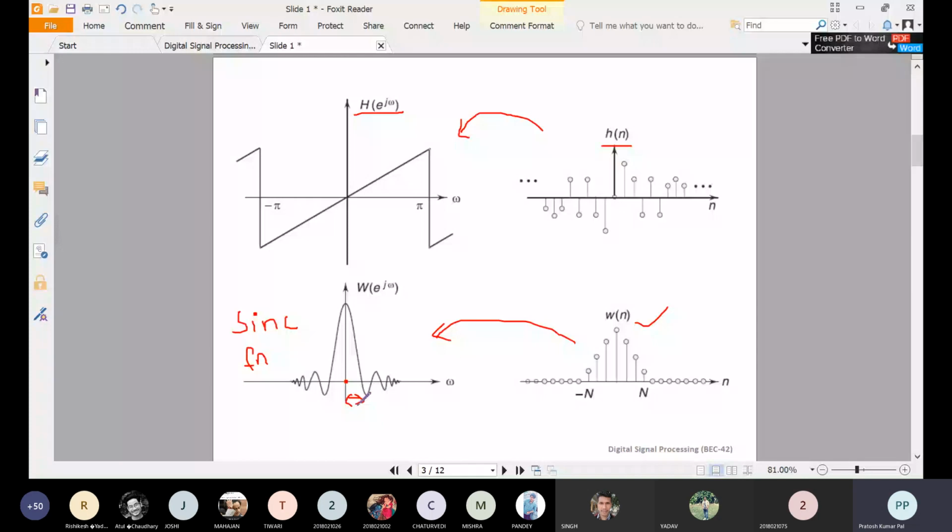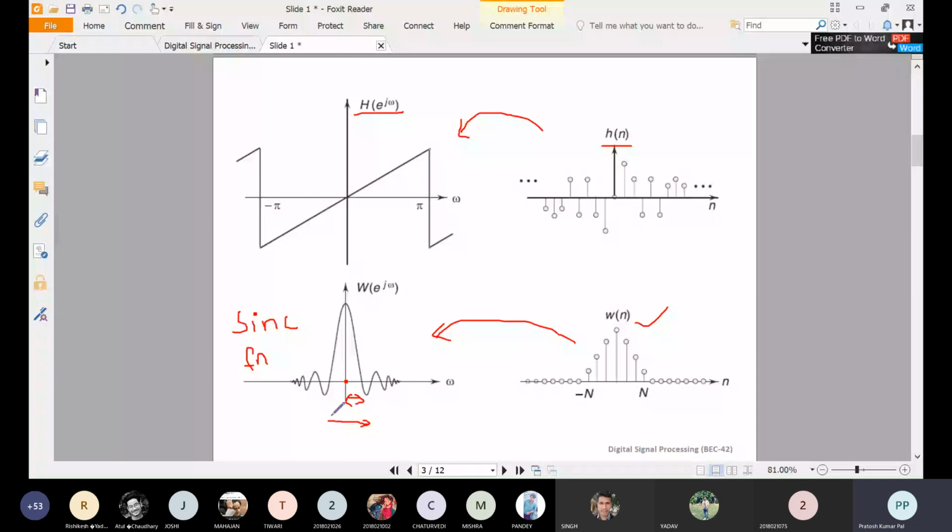Once we go away from the lower frequencies, its energy decreases with further increase in frequency, and the similar characteristic is shown on the negative frequency side. This is how a sinc function looks like.